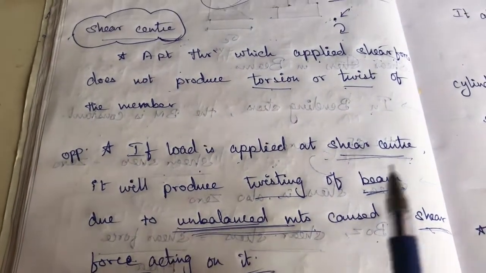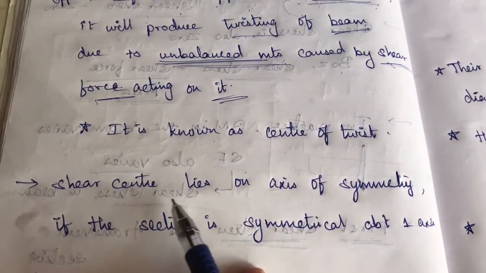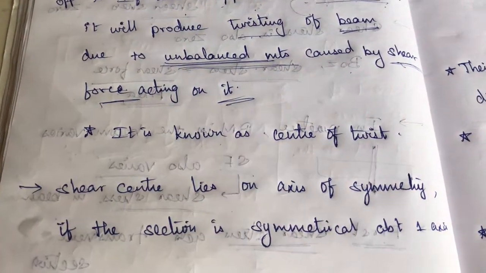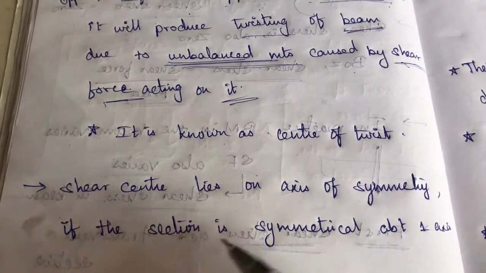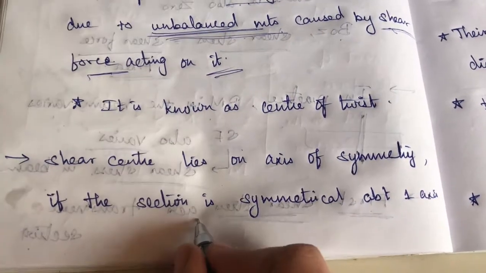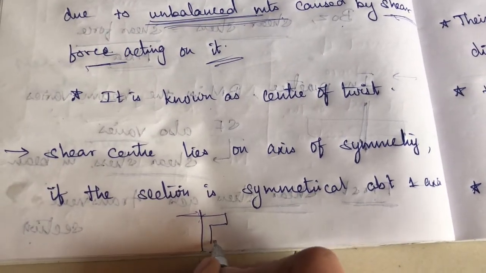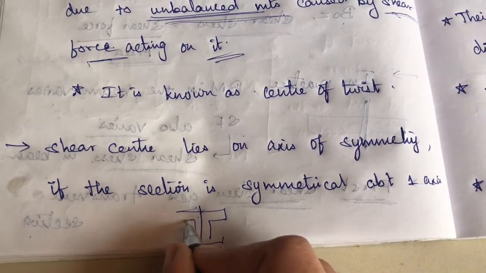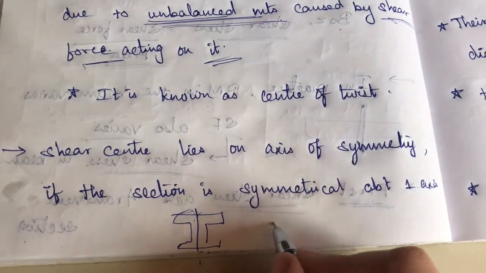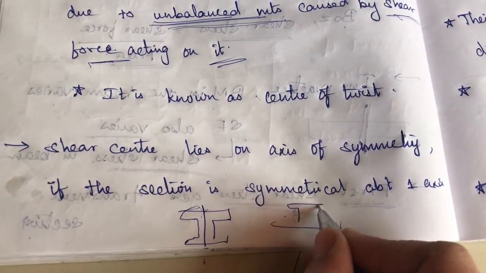Okay, so this is what shear center. Normally the shear center lies on an axis of symmetry. If the section is symmetrical about one axis, we have seen that it is symmetrical about the y axis, yes, we have seen this in previous problems, and it is symmetrical about the x axis.